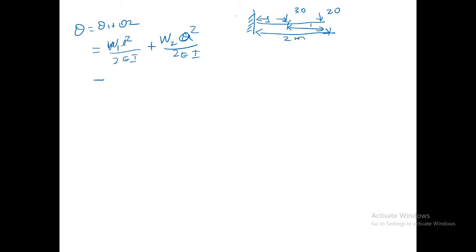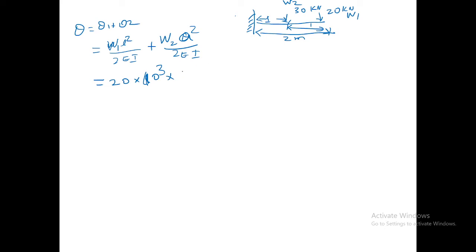So W1 is 20 kilonewton, which is 20 into 10 power 3, into L square, where L is 2 meter.